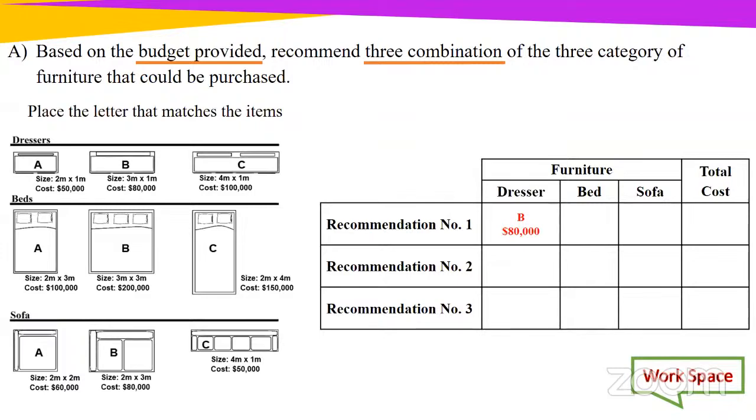What was the next one? Bed A. What's the cost for bed A? $100,000. Good job. And what's the next selection? Sofa A. What's the cost? $60,000.